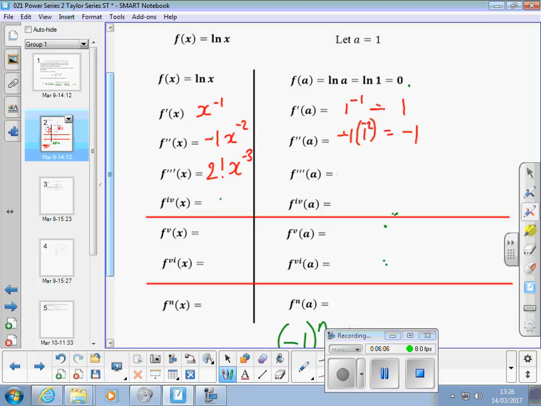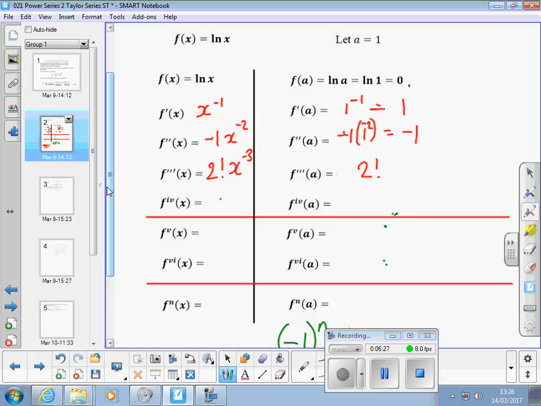Meaning the answer to this is just a straight answer now, written as 2 factorial. You'll see the point of that when we come to the general solution at the end.